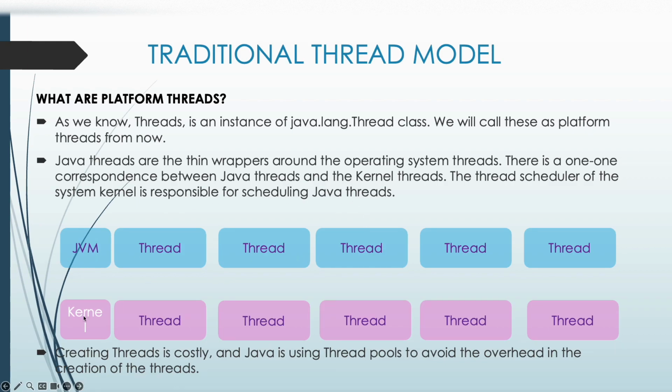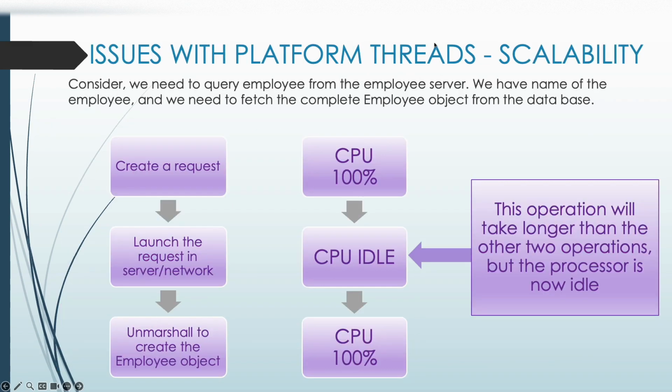The JVM is not responsible, but the system kernel is. Also, creating these threads is really costly, and Java uses thread pools to avoid the overhead in the creation of the threads.